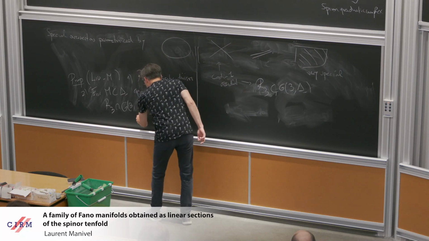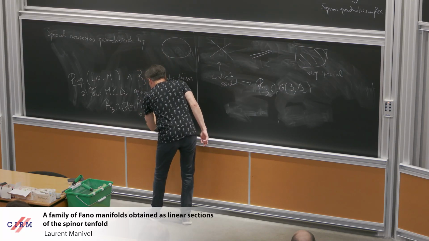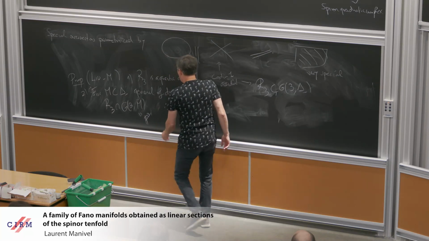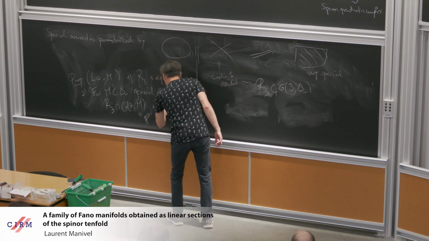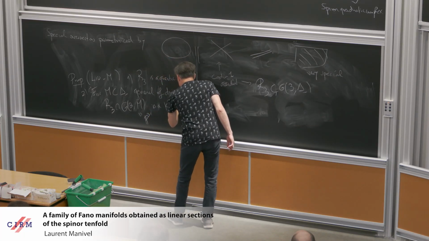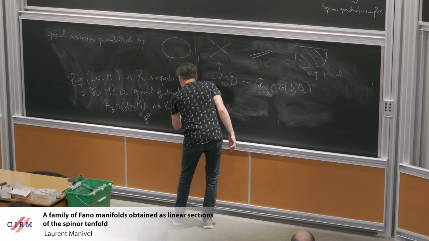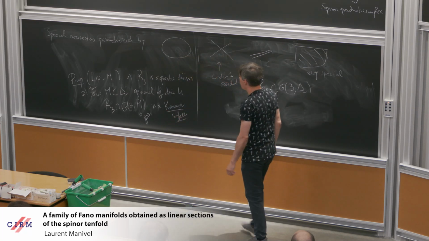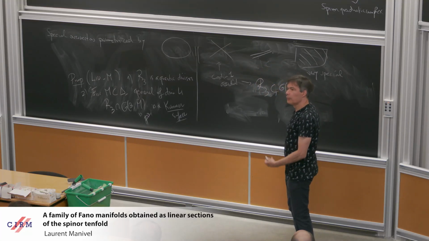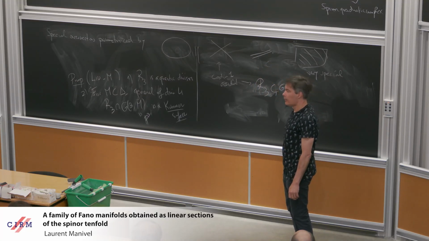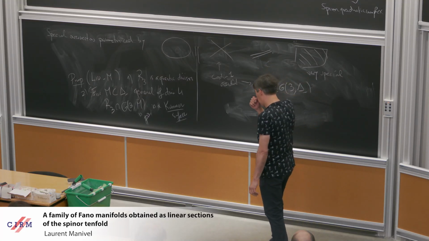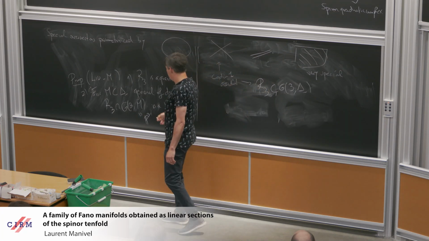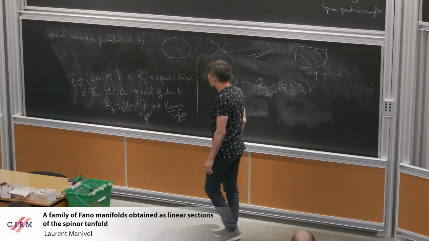So this is actually a copy of P3. And the nice fact is that this is a Kummer surface. So this divisor has this very special property to give you Kummer surfaces when you intersect with this covering family of P3s.